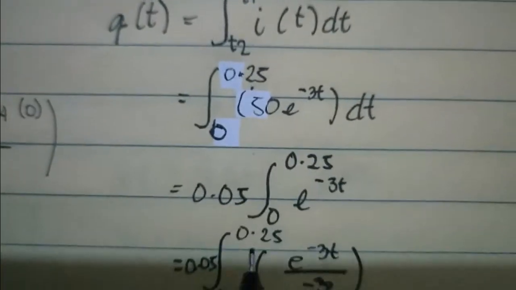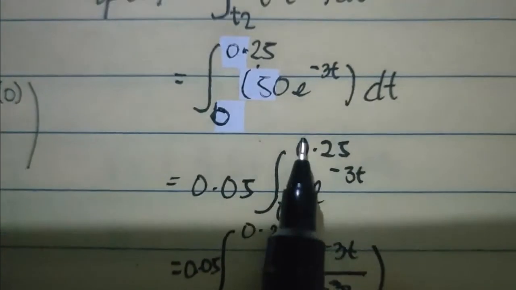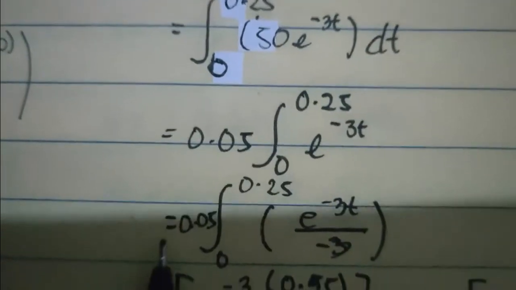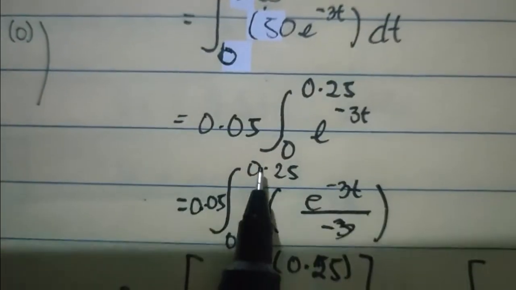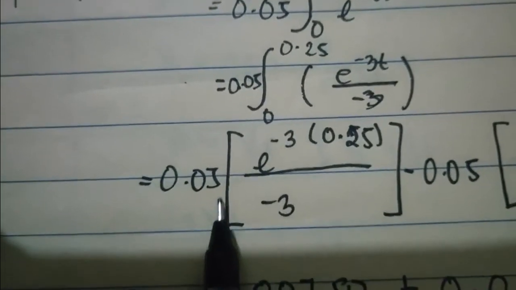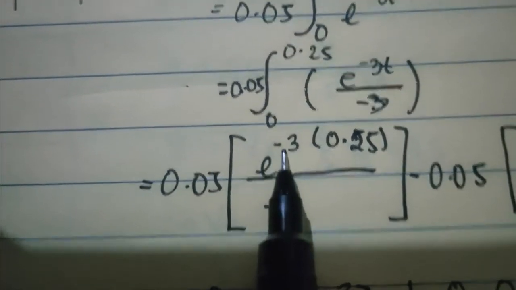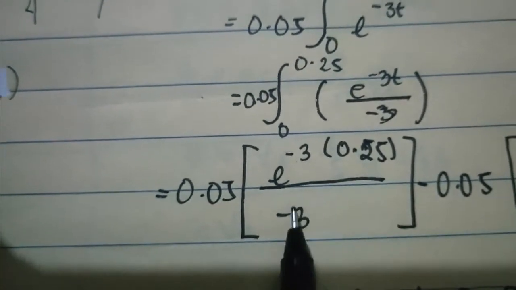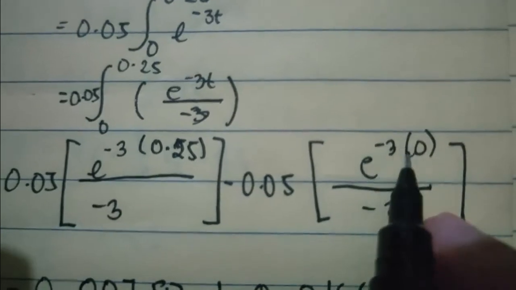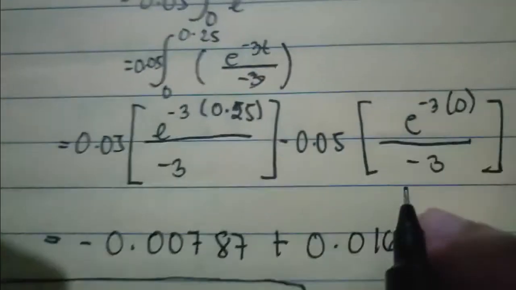So we will just apply the same process. So 0.05 integrate 0 to 0.25, e raised to negative 3t. So 0.05 times e raised to negative 3t over negative 3. So 0.05 times e raised to negative 3 times 0.25 over negative 3 minus 0.05 e raised to negative 3 times 0 over negative 3.